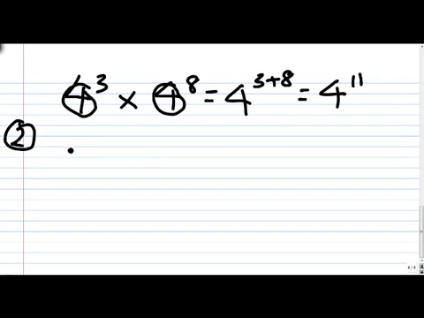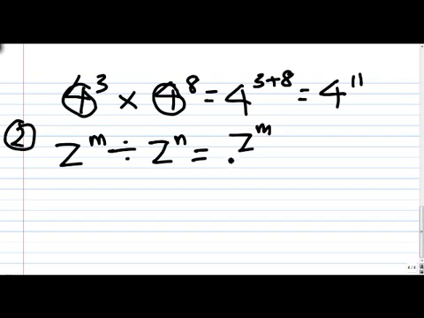If you have z to the power m divided by z to the power n, you really can write it like that as well. It really makes no difference. Z to the power m over z to the power n.